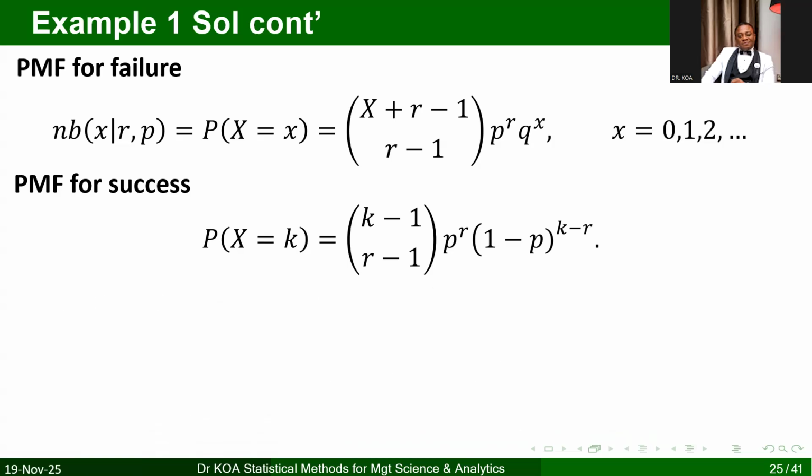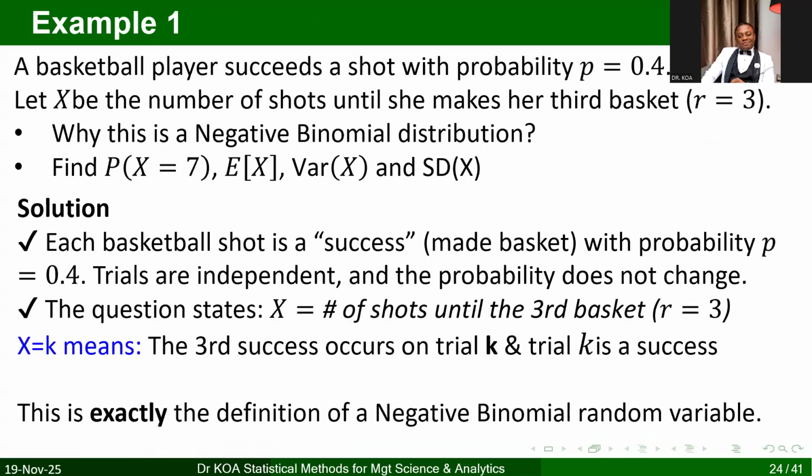What does this mean? It's just to find the probability of success. The probability that the shot I pick is going to be the 7th. In other words, the number of times before this girl throws the ball into the basket will be 7.